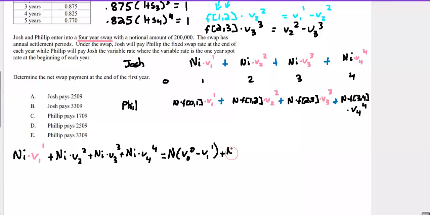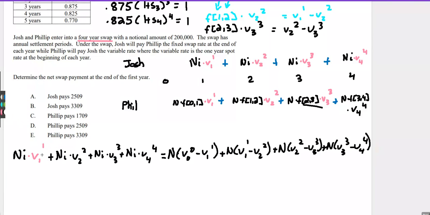Plus the notional amount, same thing, v sub 1 to the 1 minus v sub 2 squared, plus the notional amount times v sub 2 squared minus v sub 3 cubed. And then finally, the notional amount times v sub 3 to the 3 minus v sub 4 to the 4.